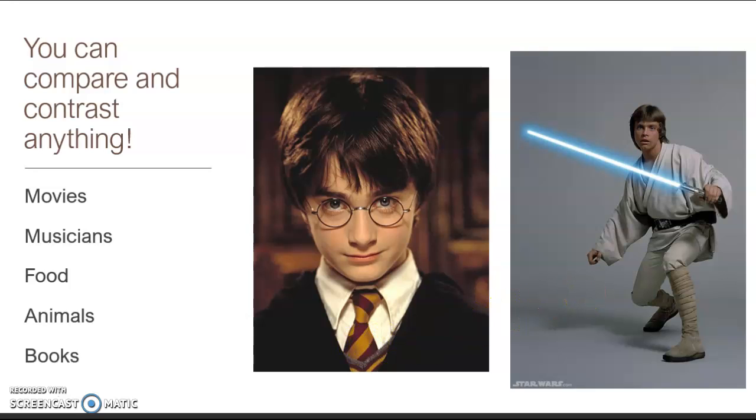They're both great people, but Harry Potter's a magician. Luke Skywalker is a Jedi in space. So alike but different. So you can compare and contrast movies, musicians, food, animals, books, anything you can think of, you could probably put in a comparison chart.